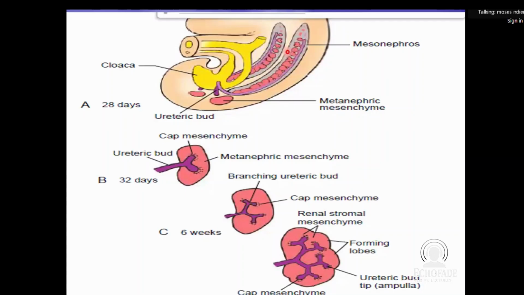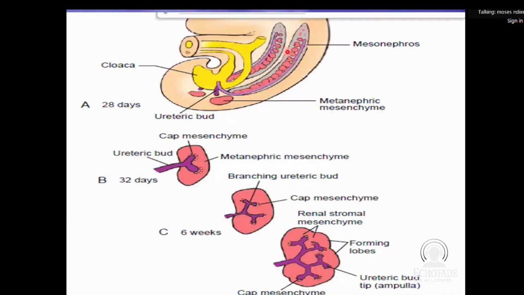Now the urine that is formed is transported by the mesonephric duct. Like we said earlier, it empties into the cloaca. In the caudal part of the mesonephric duct, in the area of the metanephric part of the nephrotome, we have a diverticulum or bud from the mesonephric duct in the sacral region.